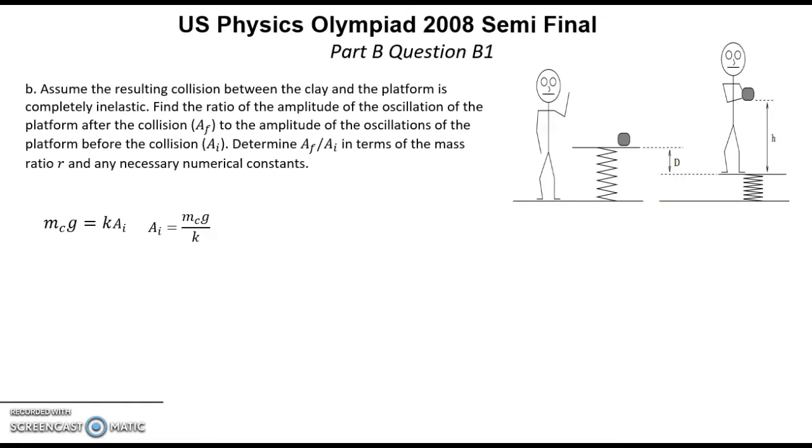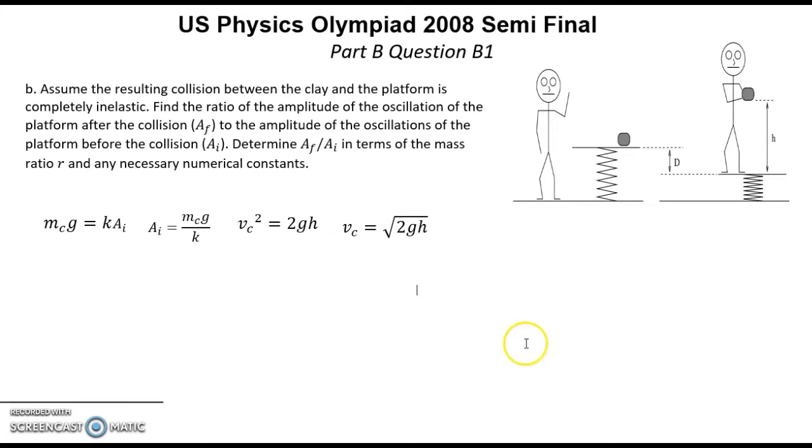This can be found from the formula Vc squared equals 2gh, where h is the distance traveled by this piece of clay before it hit this platform. So it means that Vc equals this expression.